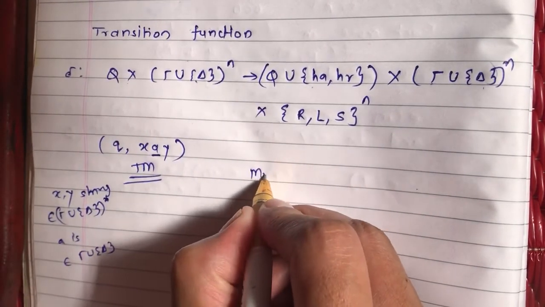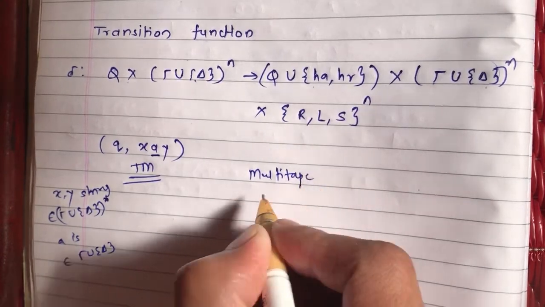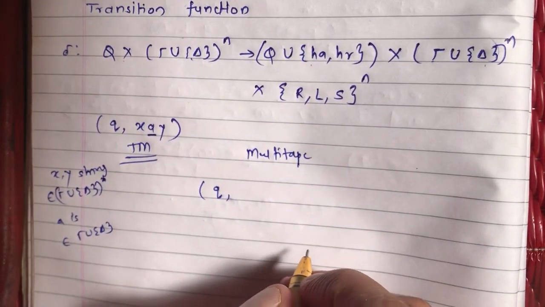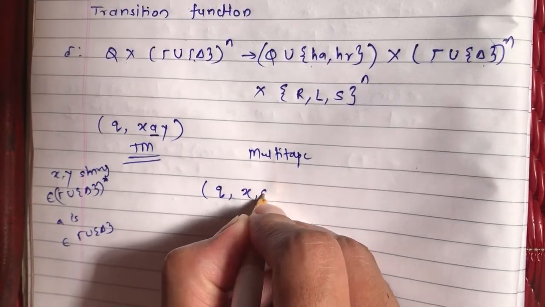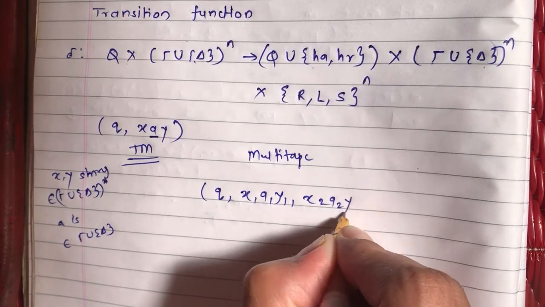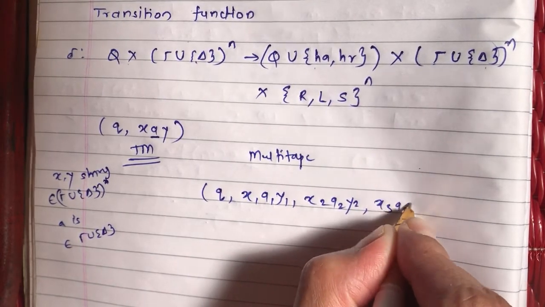Now for a multi-tape Turing machine, how will you write it? The state will be only one because state combinations are unique. But now for the first tape, I'll have something, for the second tape, I'll have something, for the third tape, I'll have something.